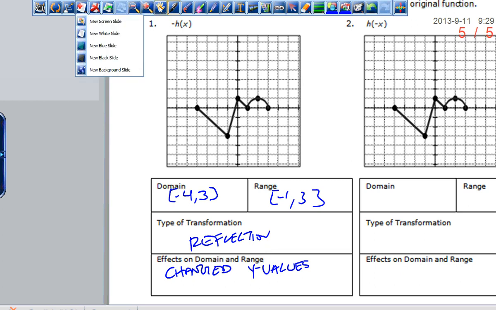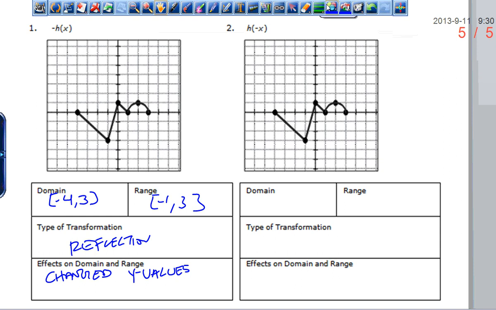Okay, for number 2, what changed here? What's happening? Negative's on the inside, so what is that going to do? Yeah, so it's another reflection. This time it's over the y-axis. Probably should say on our previous one that it was over the x-axis. So now, instead of being at -4, 0, it's now going to be at +4.